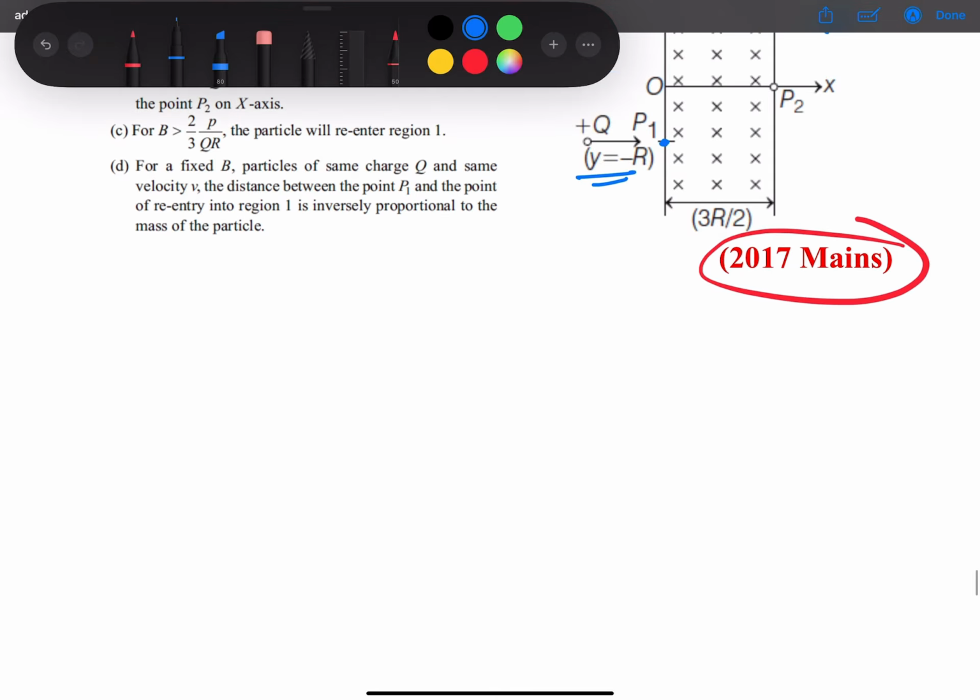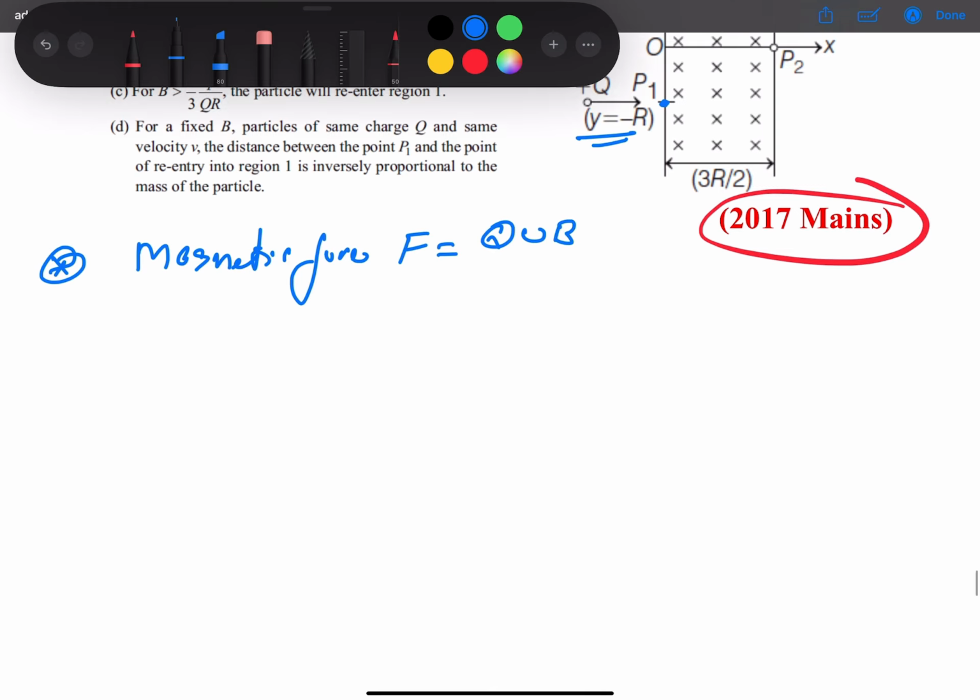We can say that the magnetic force, which is F equal to qvB, causes the particle to move in a circular path.